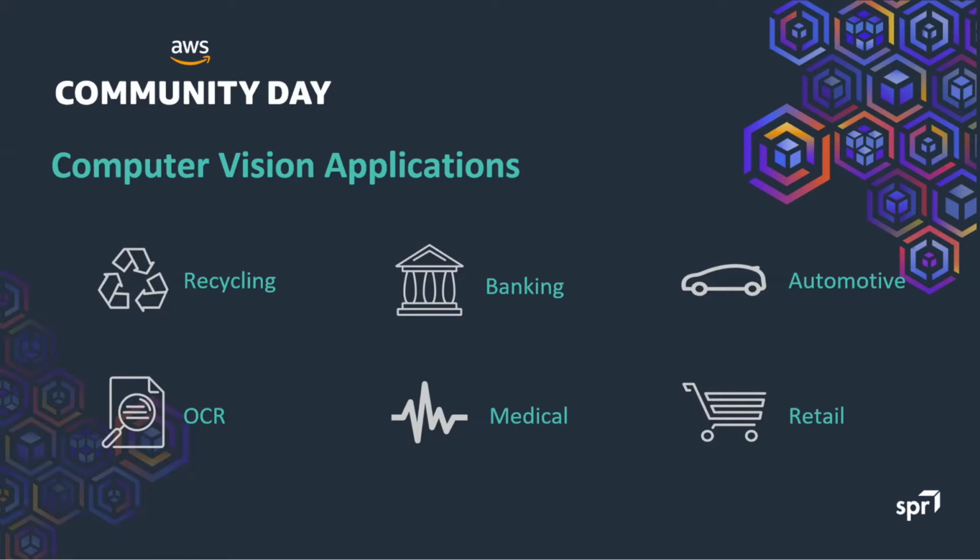After that, there's retail. The best example for retail is the Amazon Go store, where they mounted a million cameras on the ceiling, and they were able to track each person that entered the store, identify the person, identify the items they are picking, and then add them to their account.